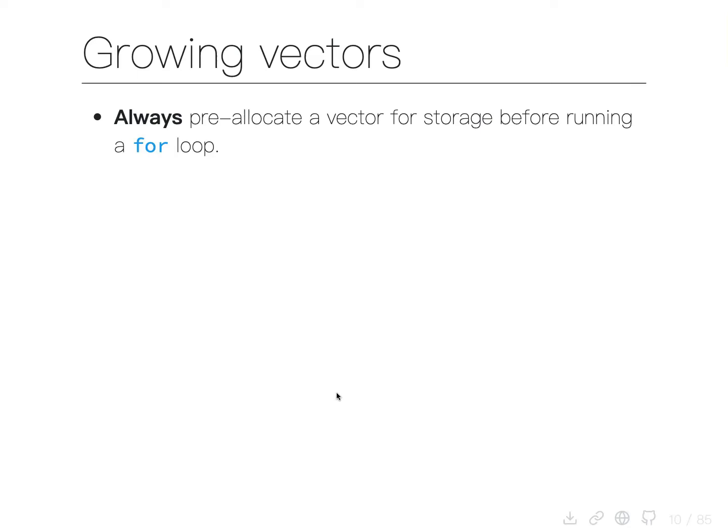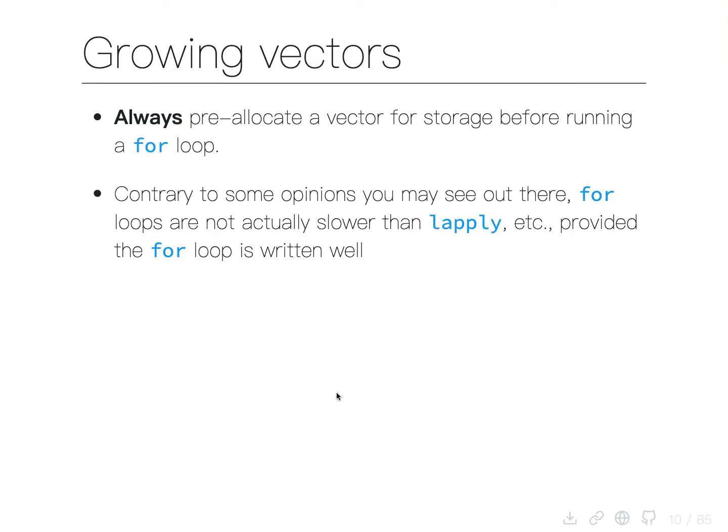And I am very strongly advocating that you always do that. Anytime you write a for loop, you should always pre-allocate the vector. Otherwise, if you just grow the vector, as I'll show you in a second, it will absolutely work. However, it will be dramatically slower.